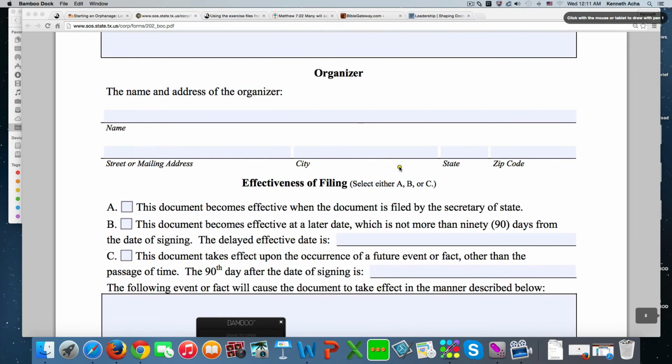Just to tell you a little bit what the IRS will be looking for: one, that you put a dissolution clause in there that would basically say that when this nonprofit closes down, the property and funds and everything it owns is going to be given over to another tax-exempt charitable organization that does the same kind of thing. That's what the IRS is going to want you to say.